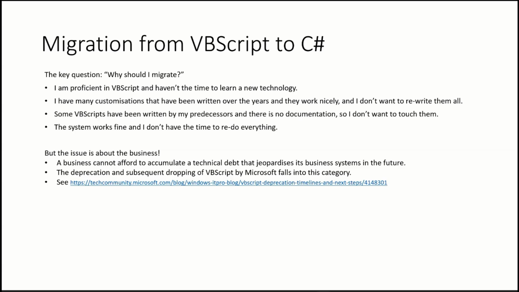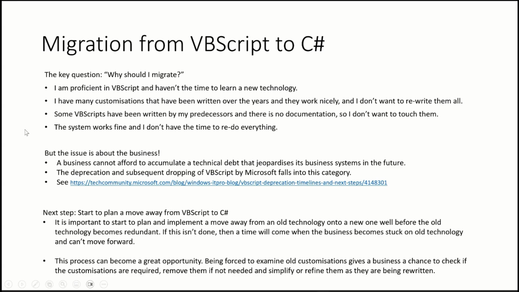Or more likely, the debt accumulates so much that it costs a fortune to employ people to come and change things and replace bits and pieces. The deprecation and the subsequent dropping of VBScript by Microsoft falls into this category. And if you look at that hyperlink there, you'll see an explanation of when things are going to happen and why.